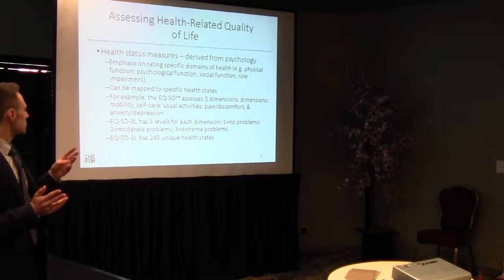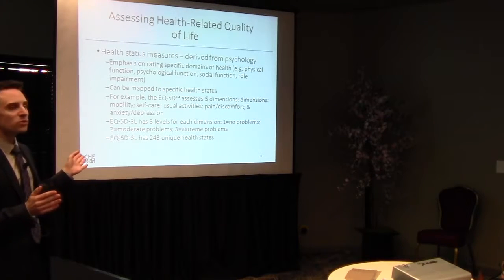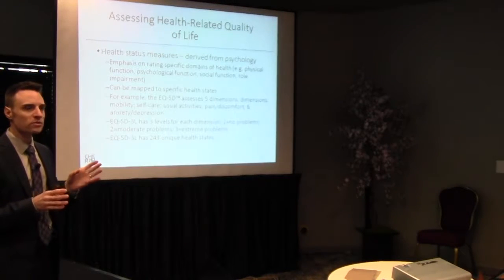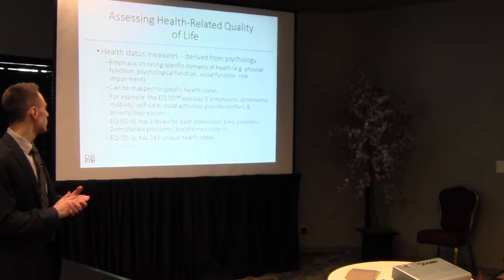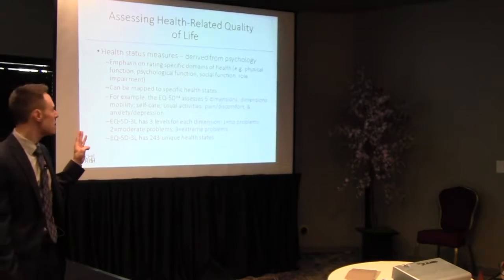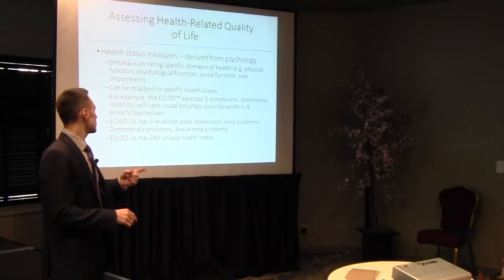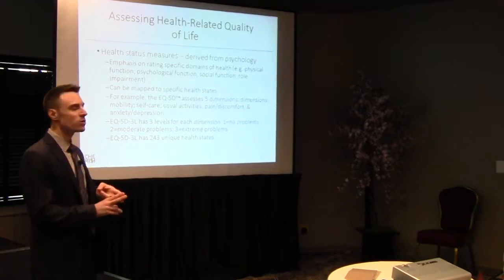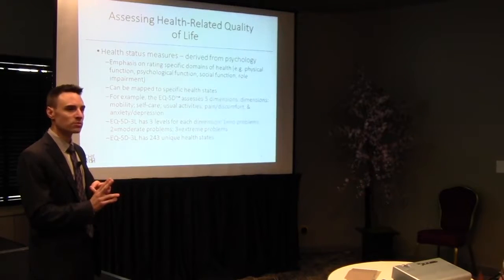There are 2 versions, the EQ5D 3L or the 5L. As of right now, we recommend the 3L, and I'll talk about that a little more in a few minutes. But for each one of those dimensions that I mentioned, the 3L has you say, well, I have no problems in this particular area, moderate problems, or extreme problems.